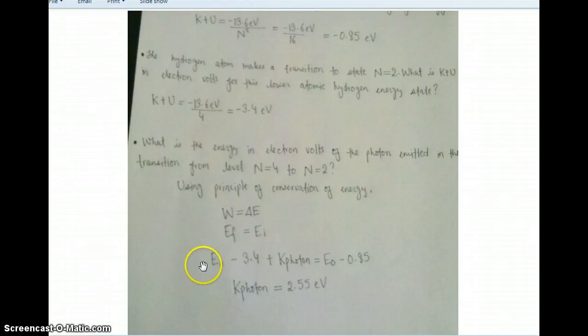Force 9 times displacement 0.11 equals the final kinetic energy, which equals half times 2.1 times the final velocity squared, minus 0, since the initial kinetic energy is 0. This gives a final velocity of 0.97 meters per second.